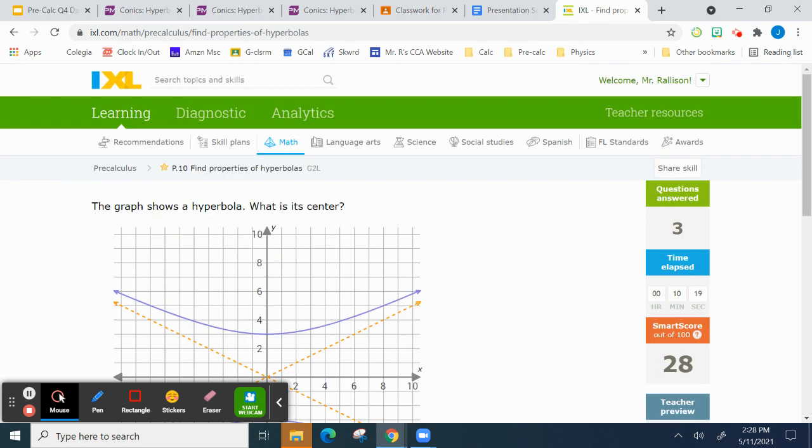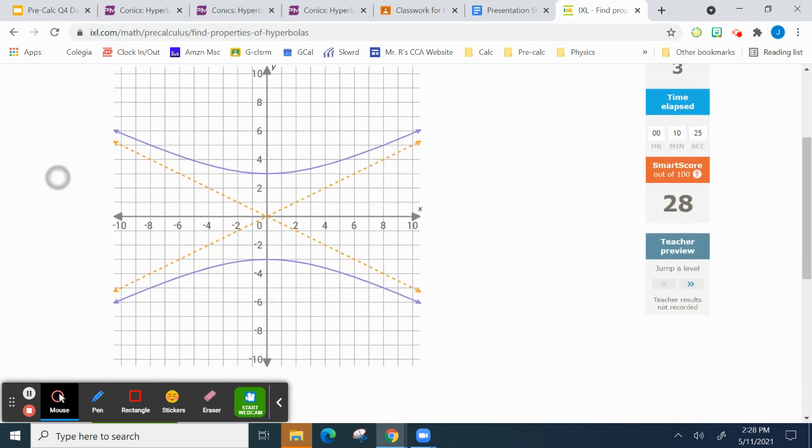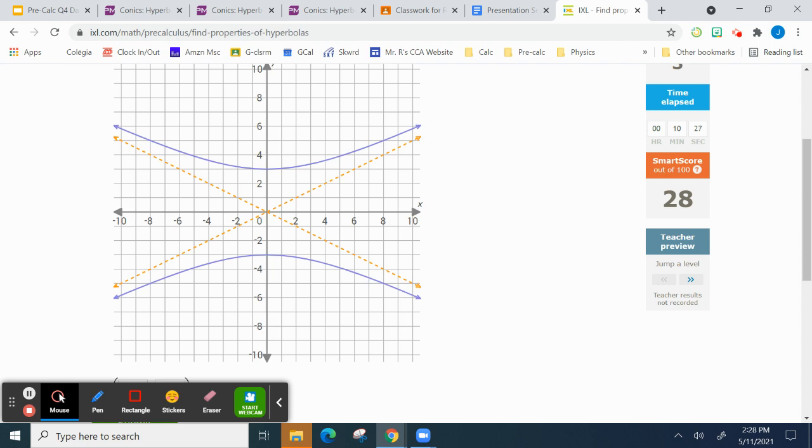All right. Let's see, make sure to clear everything. Okay, what is its center? Well, its center is right where it is centered. It's right where those two asymptotes cross. That's one way to look at it. The center is where the asymptotes cross. The center is also halfway between the line that goes through the two vertices.